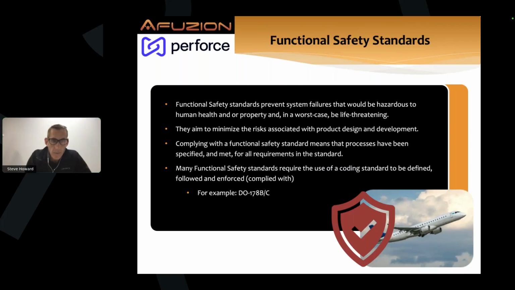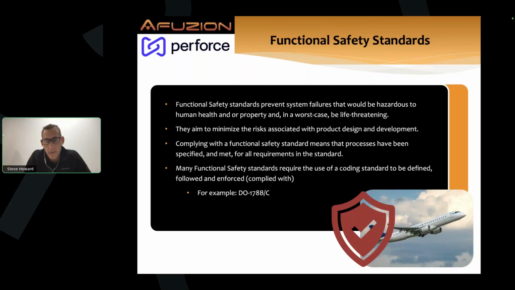And really the whole purpose, of course, is to try and minimize the risks associated with the development and the design of the product. And so we generally have rules that we have to comply with from the functional safety standard itself. Many functional safety standards require the use of a coding standard, which then means that we have to define, follow, and enforce that coding standard. And that means essentially to comply with it.